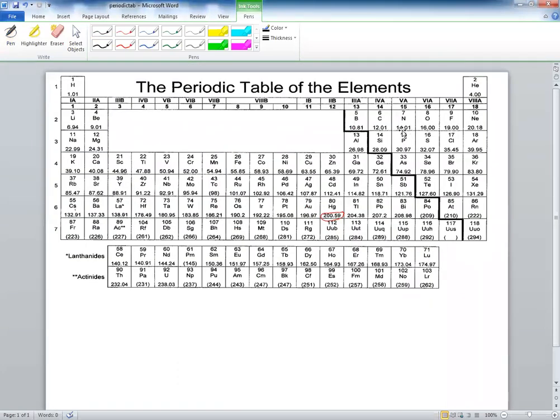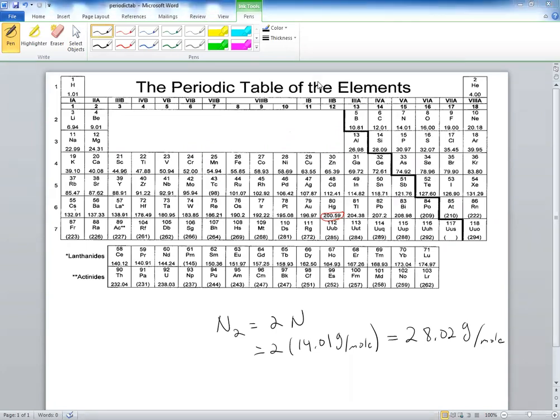Here it is, 14 for an individual nitrogen atom, but we have 2 of them, so that would be 28.02. So again, from now on, we're going to just calculate this and you can verify it from the periodic table.